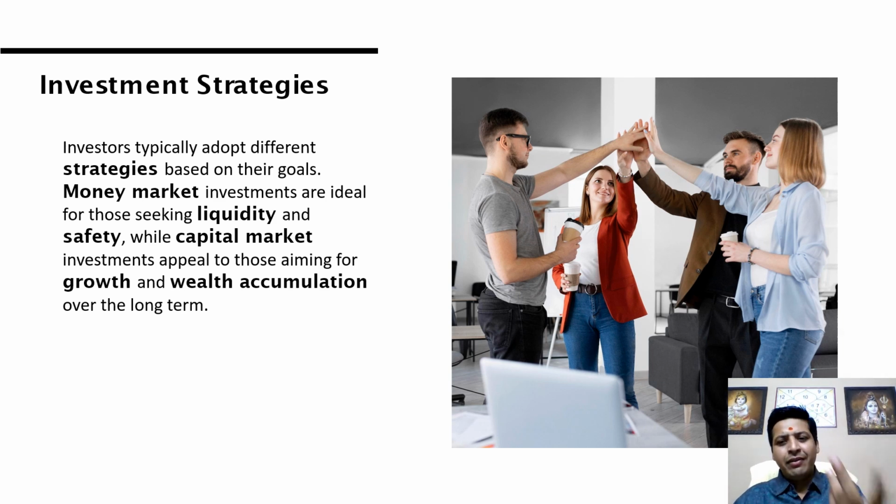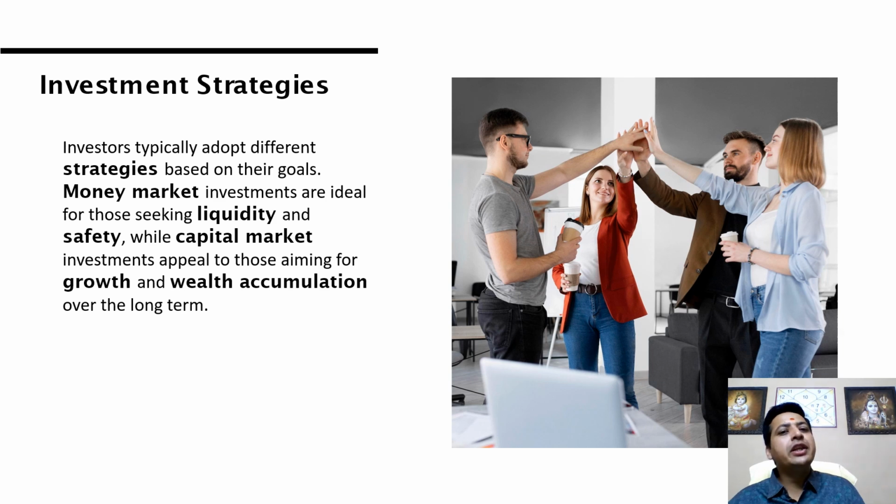Likewise, if you are investing in a mutual fund because you want to buy a car, and you're at the age of 20 and want to buy the car at the age of 27, and the future value of your car will be 10 lakh, then you have to invest 10,000 per month through a SIP, a systematic investment plan.